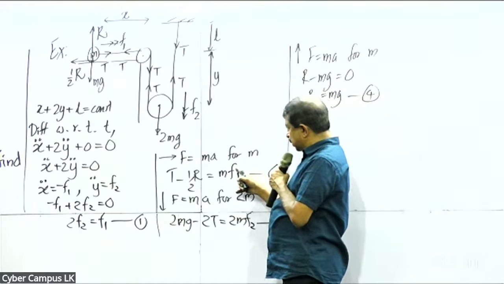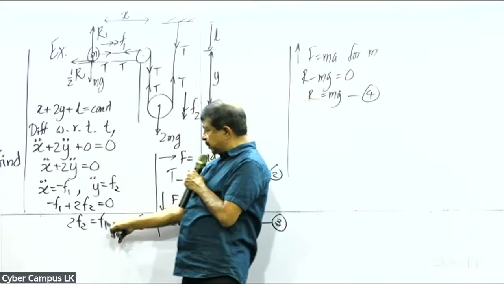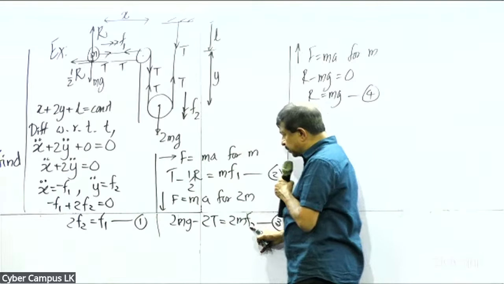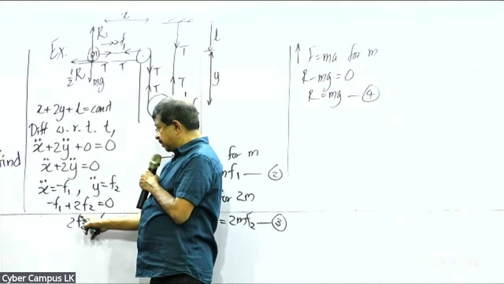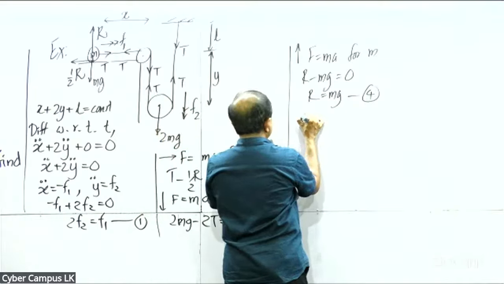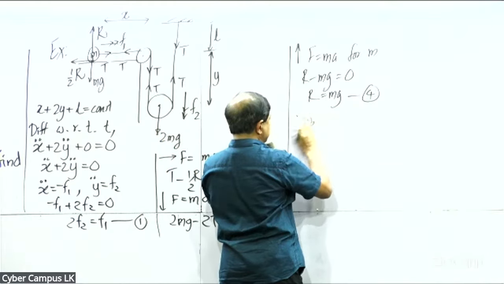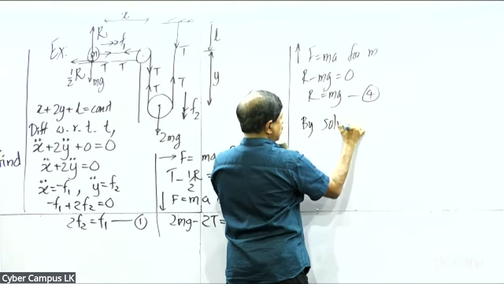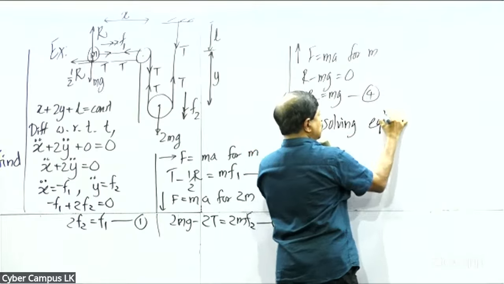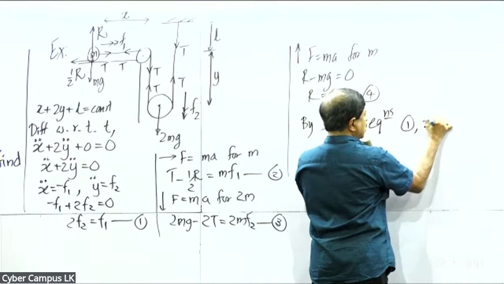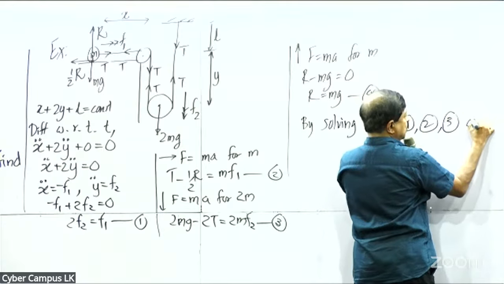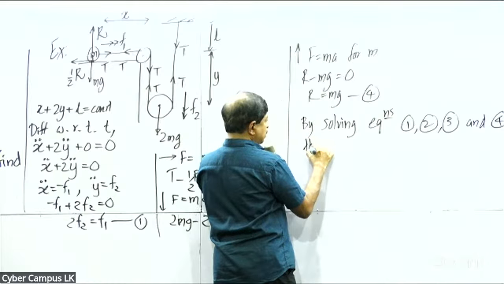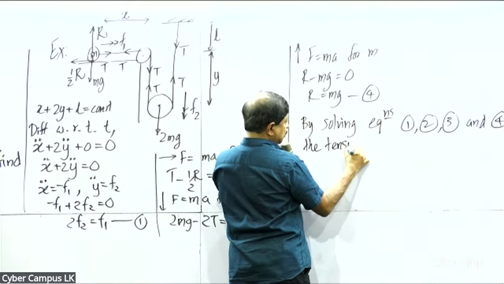So again, you can make F1 the subject and replace F1 by that. Make F2 the subject, replace F2 by that. So substituting, first we have to write this by solving equations 1, 2, 3, and 4. The tension can be found.